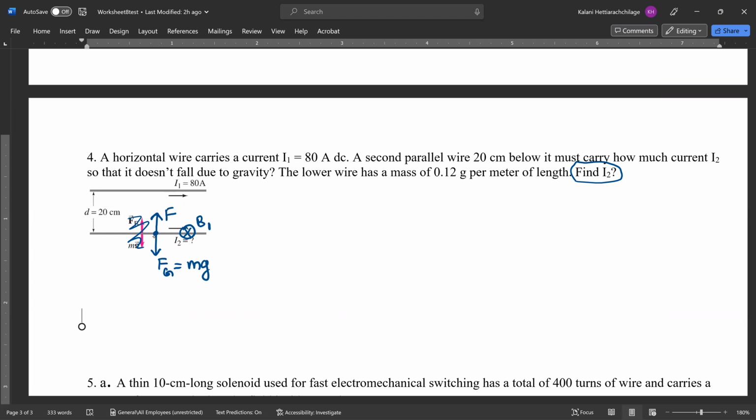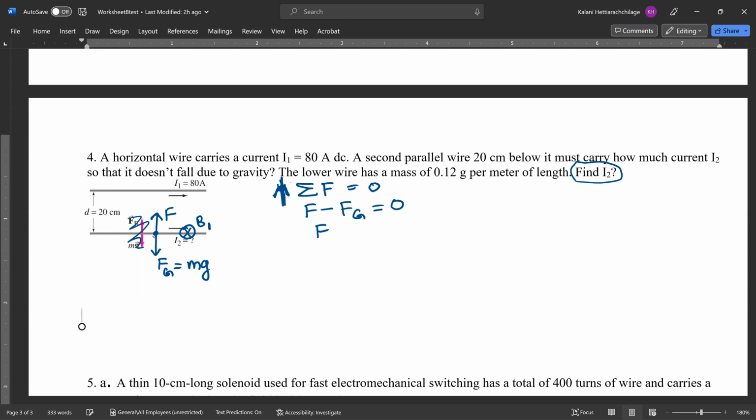So now to stay at equilibrium, we know that the net force in the y direction, I'm going to use the arrow this way, should be equal to 0. Now in the y direction, I have magnetic force, and in the negative y direction force of gravity, which should be equal to 0.